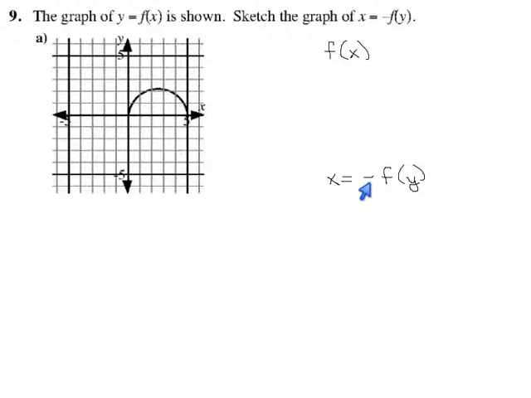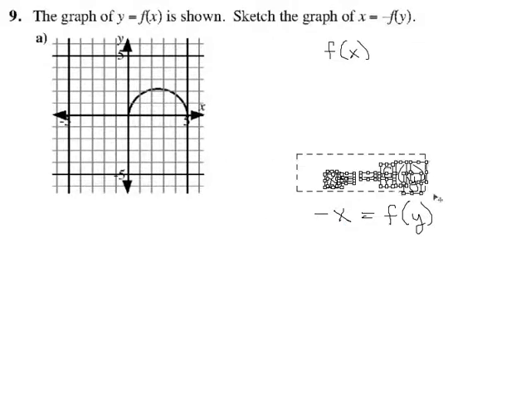We can't really do that with a negative in this position. So the way to approach this, in my opinion, is multiply both sides by -1. So you get negative x equals f of y. That's better. Now this negative belongs to the x variable. That's going to make things easier in a minute.